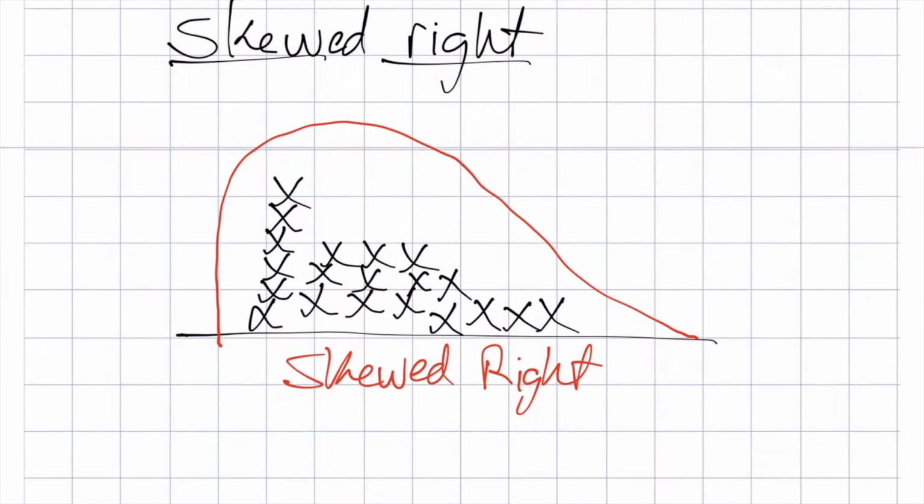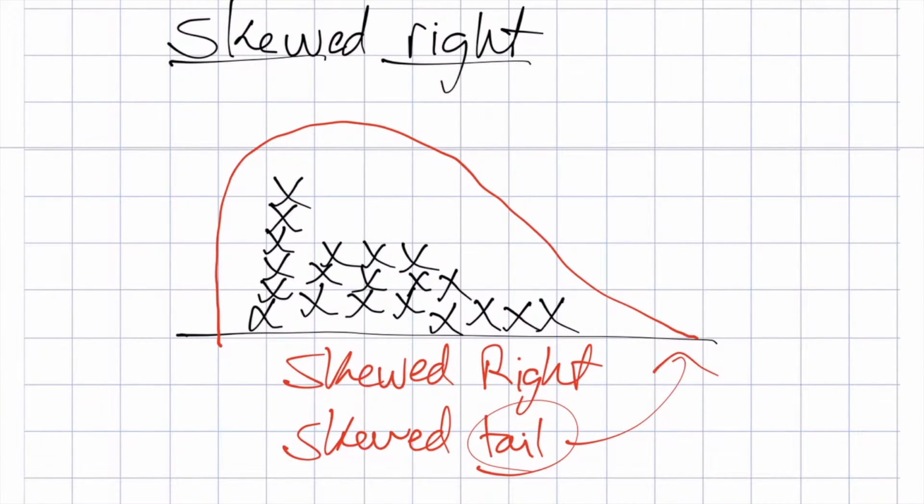Now, the first thing I thought when I saw this was, why wouldn't it be skewed left or something? Because it's on the left side. But that's just not the way it works. So I think what will help you is to think of a tail. Instead of skewed right, you could think skewed tail, because of the tail right here.